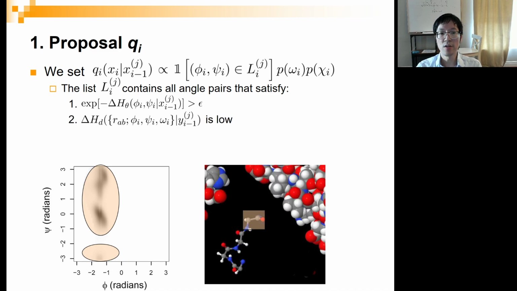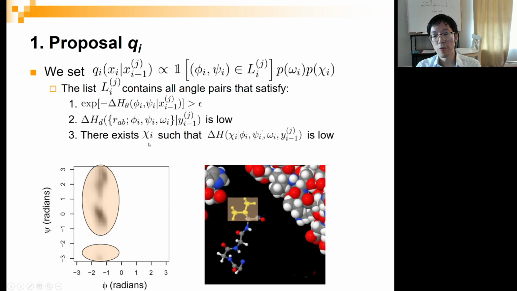The second is that as we sample the angles, and therefore the atoms of the backbone, it contributes a low incremental energy, given all the other atoms in the spatial region where we are building the conformation. Those are the atoms highlighted here.